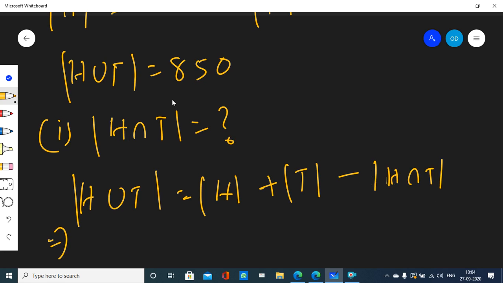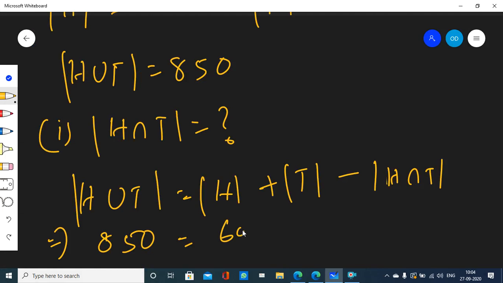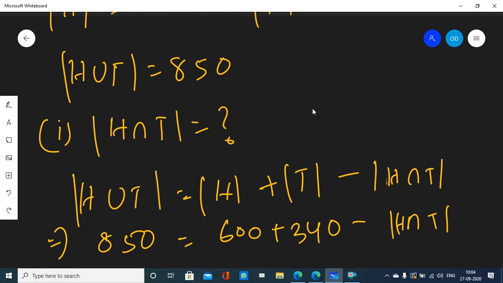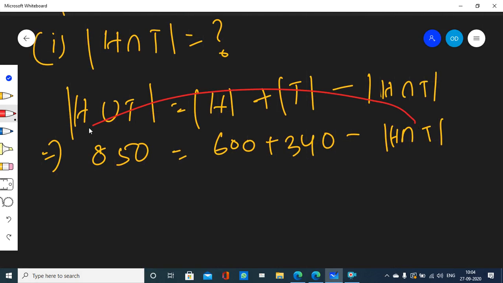Put all the values. This is 850. This is 600. This is 340. Right? Yes, sir. Now just solve it. Bring this to this side because this is what we want to find. It is on the right hand side with a minus in front of it.